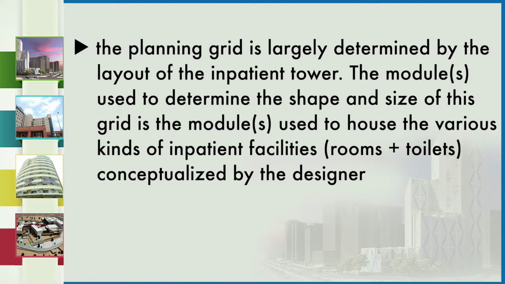The modules used to determine the shape and size of this grid are the modules used to house the various kinds of inpatient facilities, that is rooms plus toilets conceptualized by the designer.